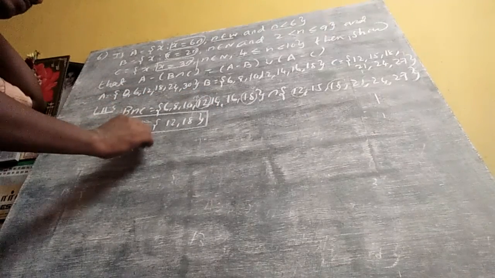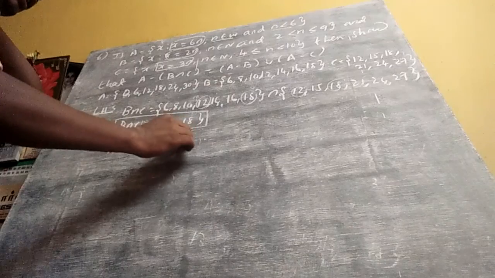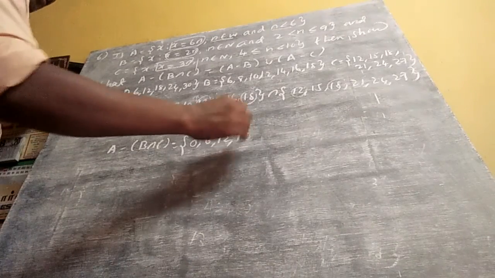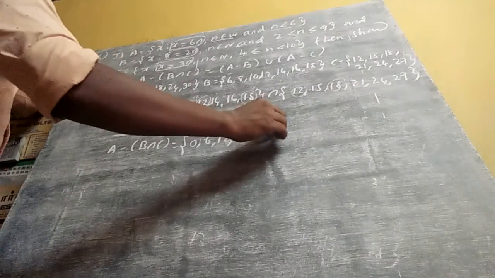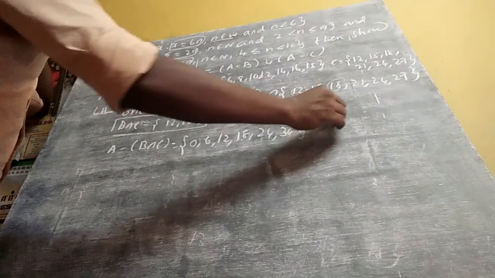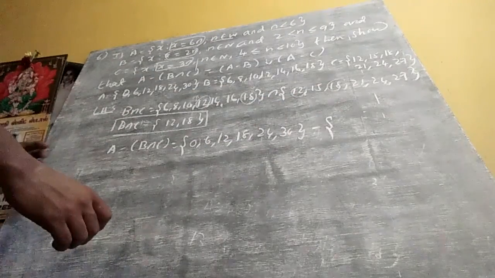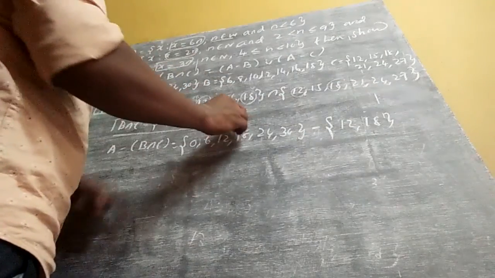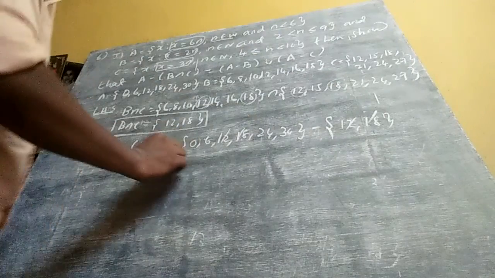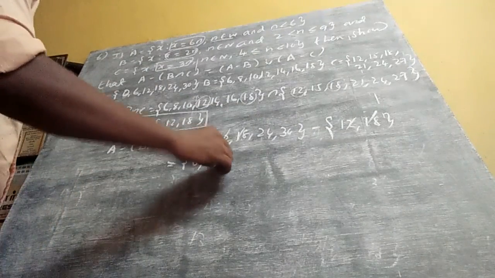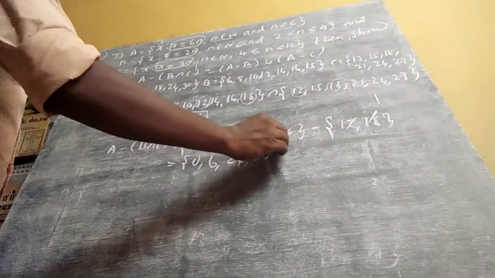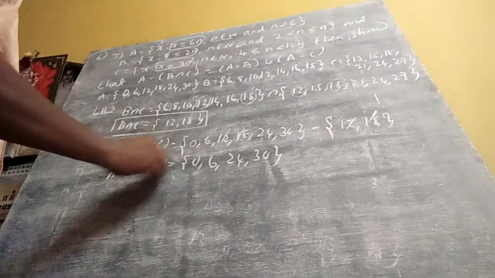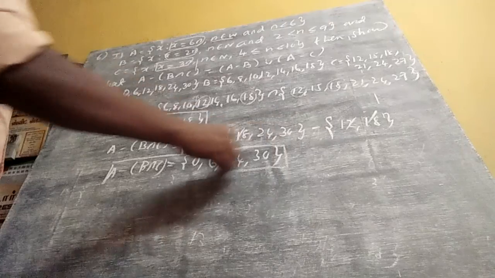A minus B intersection C. The A value is 0, 6, 12, 18, 24, 30 minus this value 12, 18. So 12, 18 cancel. Remaining 0, 6, 24, 30. This is the answer of A minus B intersection C.